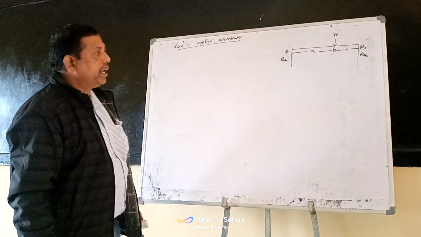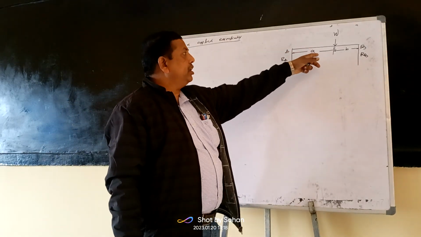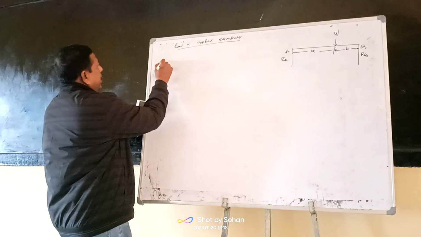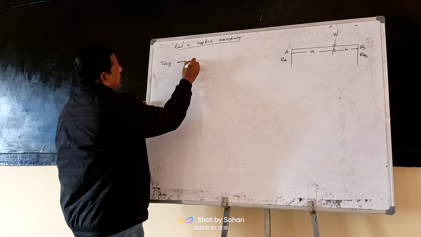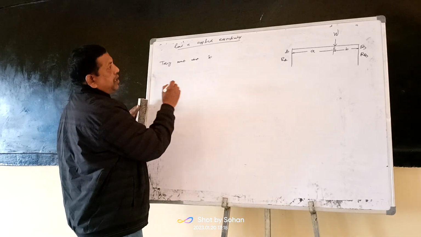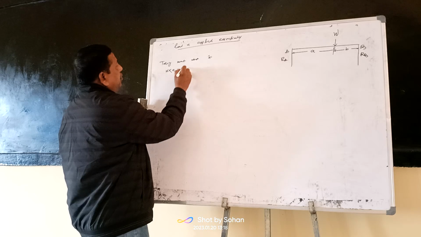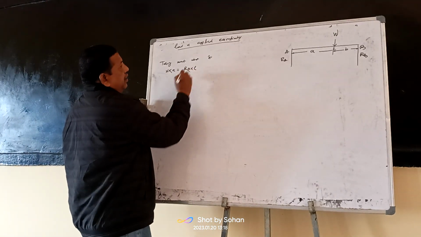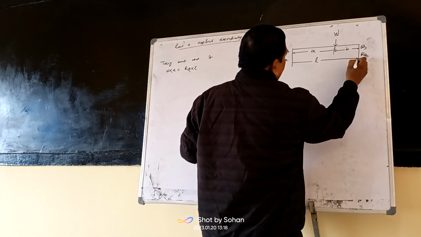So how will we get RA? Here the load is not symmetrical, it is eccentric. So we are taking moment about A. When we take moment about A, W into a is the clockwise moment, and RB into L, where L is the total distance, is the anti-clockwise moment.